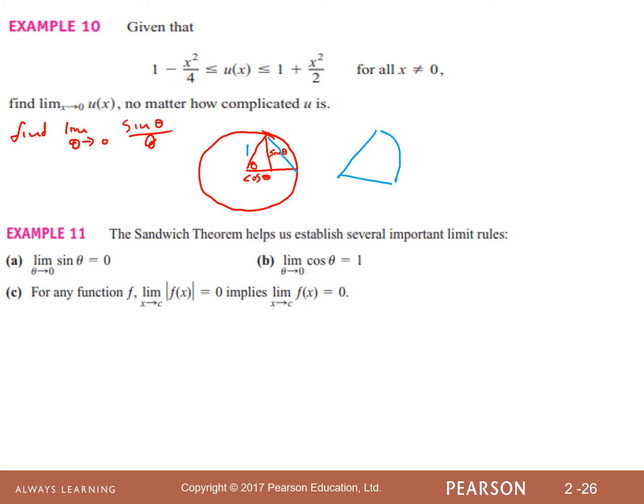The base is equal to 1, the radius. So half of it is half, multiplied by the height, which is sine. So it is sine theta over 2. That's the area of this big triangle.